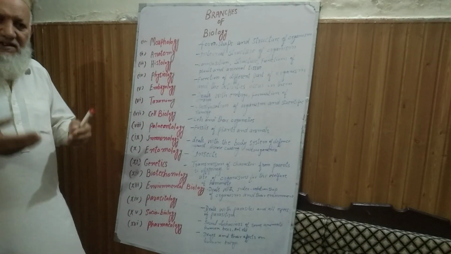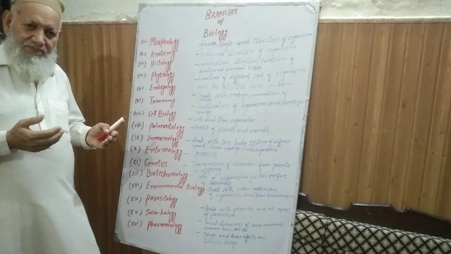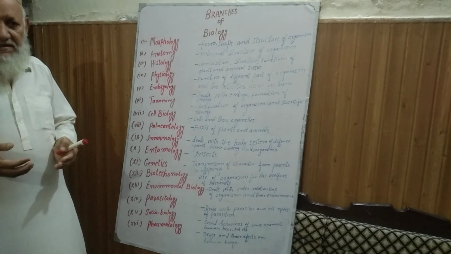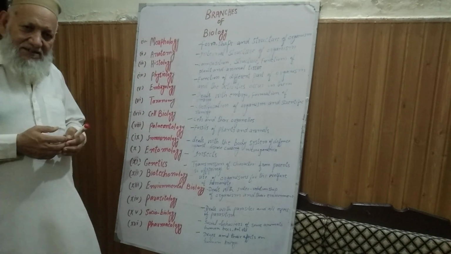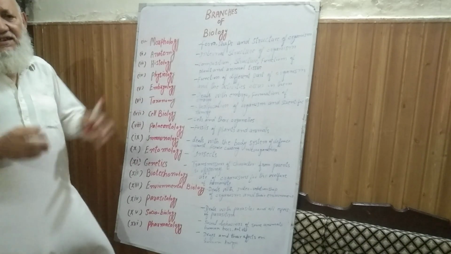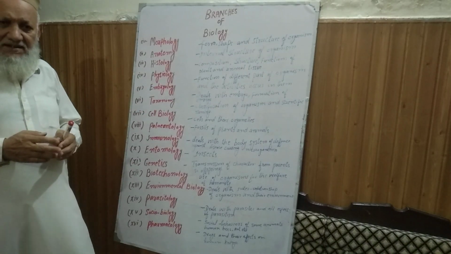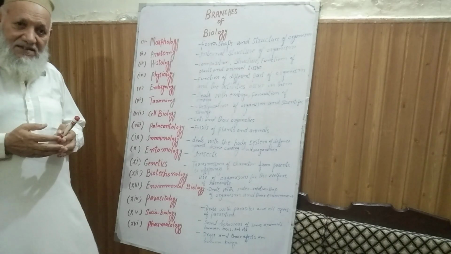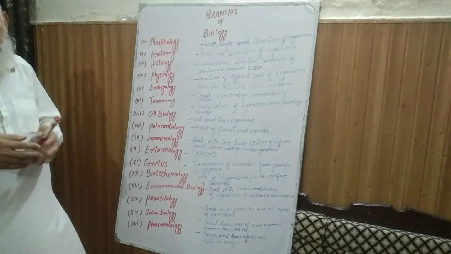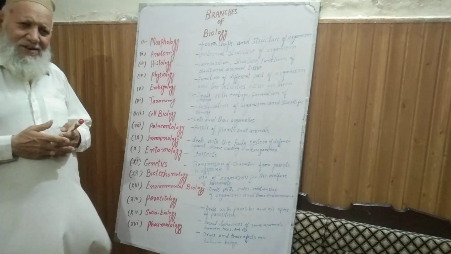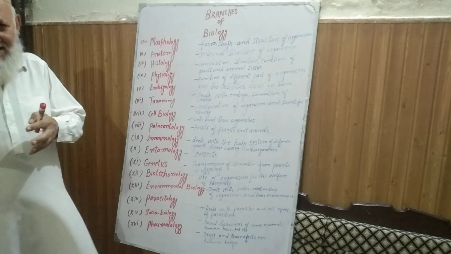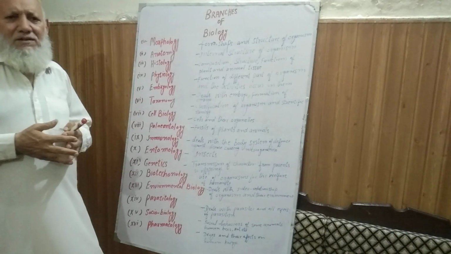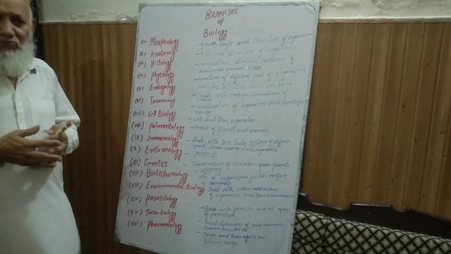We study the behavior of ants and the behavior of the honeybee: how they work and how they make honey, what type of system they have, who produces the young one, and who plays which form of work.